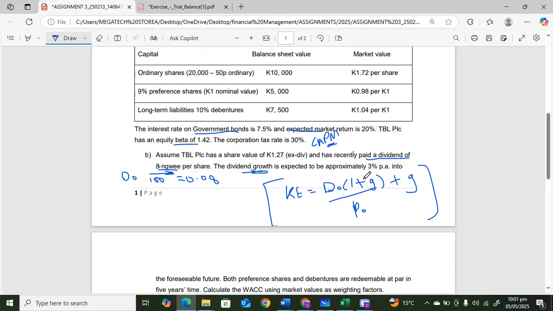Then our market price, P0, equals 1.27. G, our growth rate, 3%, in decimal 0.03.